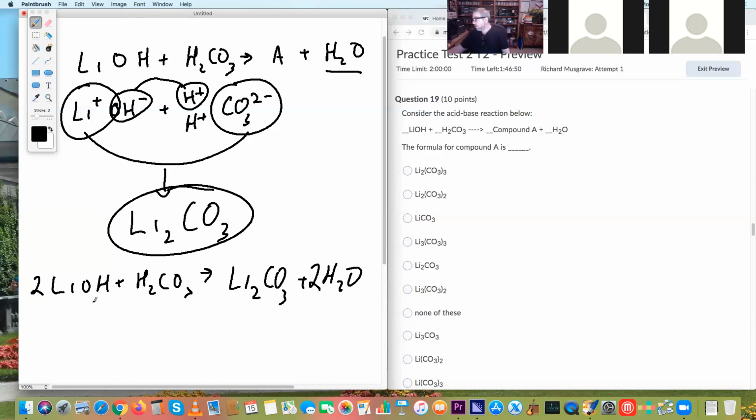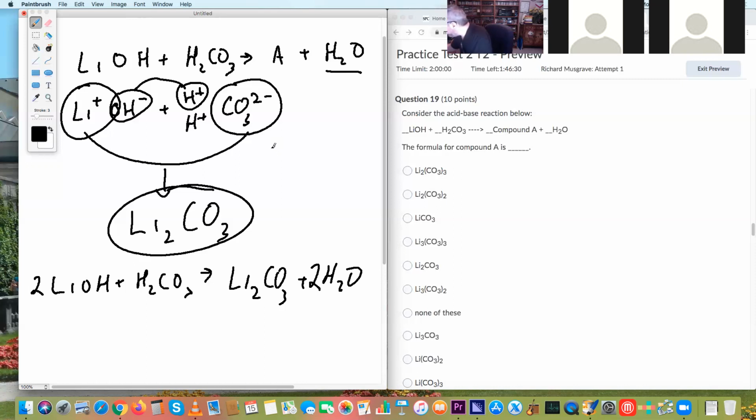So we've got 2 lithiums, and the oxygens, we have 2 for the water here. We'll have 1 CO3, 1 CO3. And the hydrogens, we've got 2 hydrogens here and 2 hydrogens here. That's a total of 4. So that would balance. So that's when we take the other hydrogen into account, at the very end, when we're actually balancing the reaction.